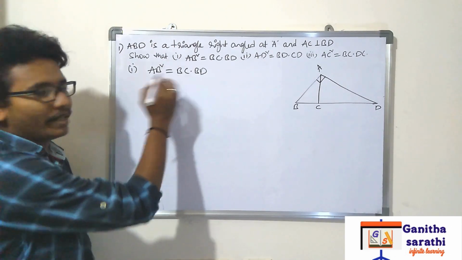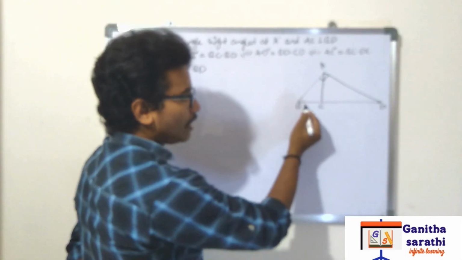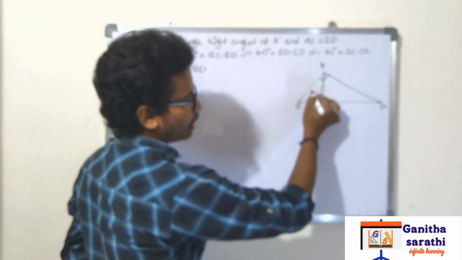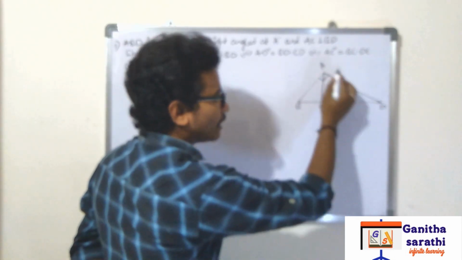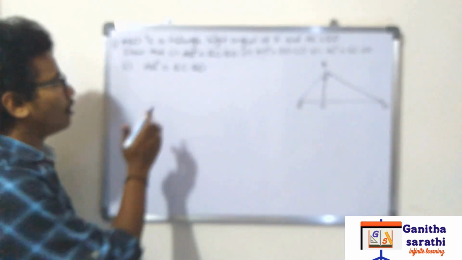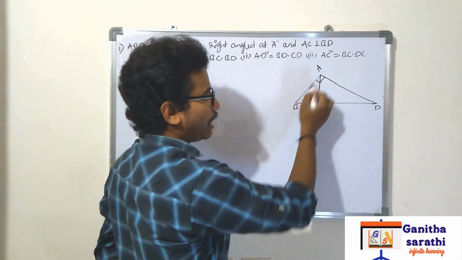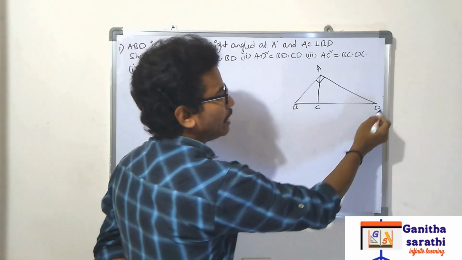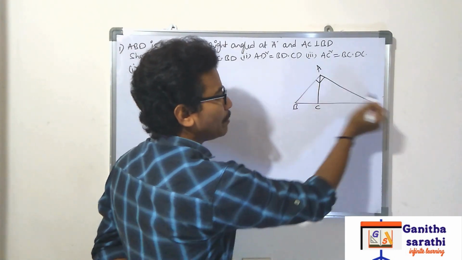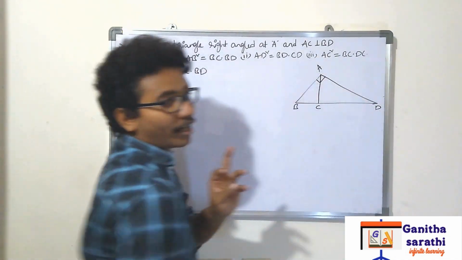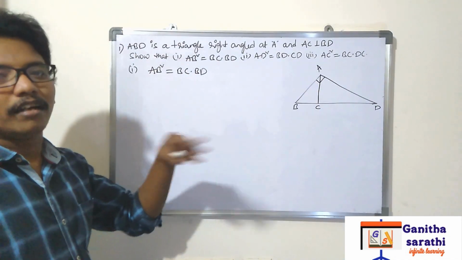AB, BC, BD, right? AB and BC means we can take the small triangle. BD means we should take the total triangle. Understood all of you? AB, BC and BD are the sides we want. BC is in the small triangle, BD is in the big triangle. So we should take this triangle and the big triangle. Okay, like that we should take the sides.